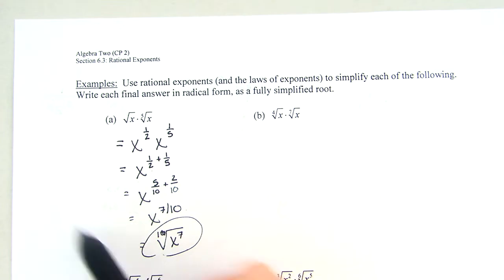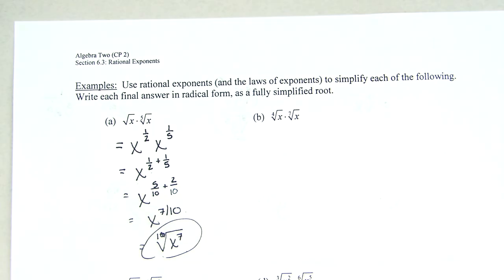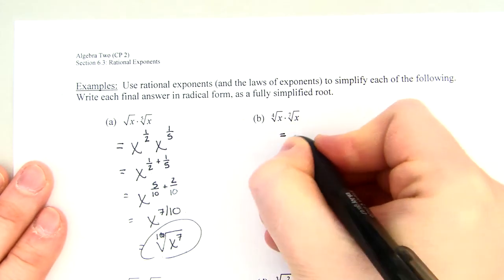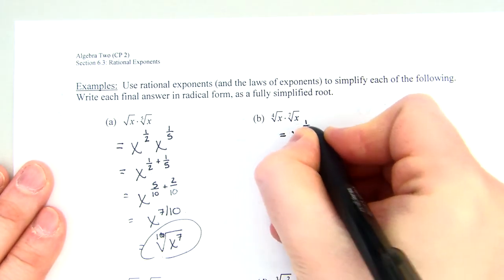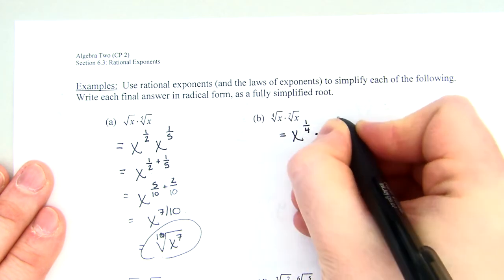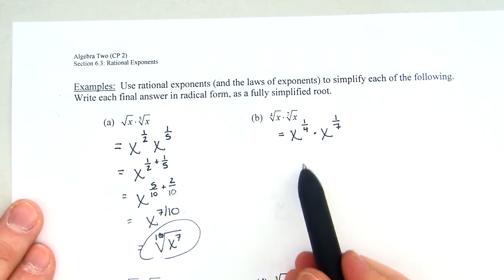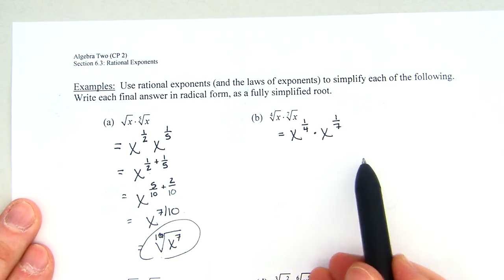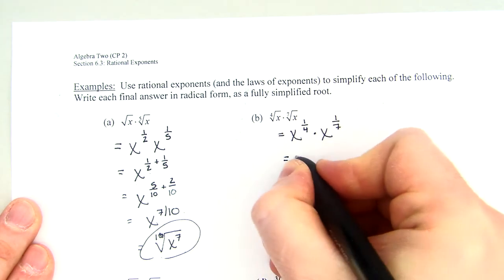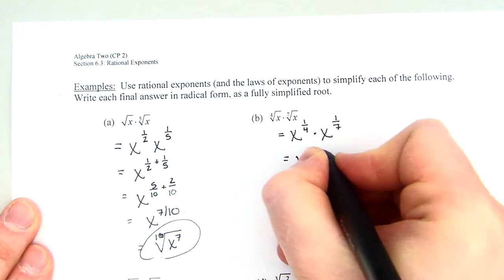Basically, your work should look similar to what I have in letter A. I hope you made it x to the 1/4 times x to the 1/7. Multiply means we're going to add, so I'm going to say add those things together.